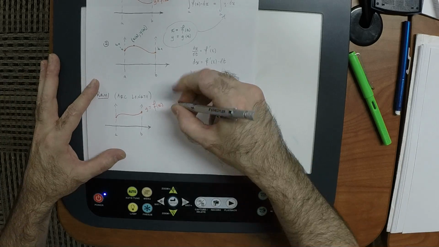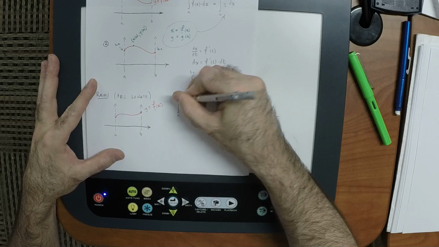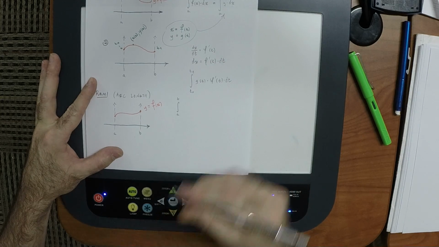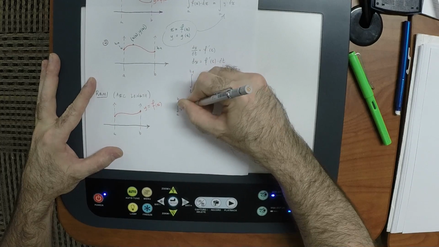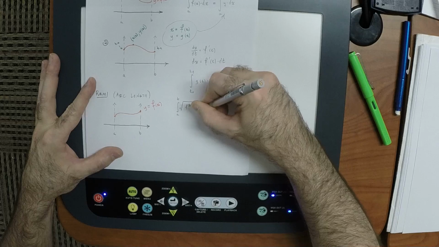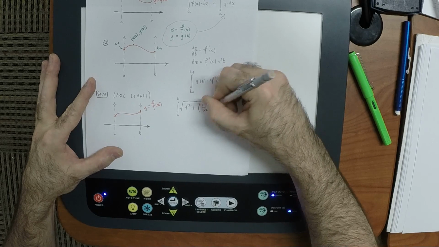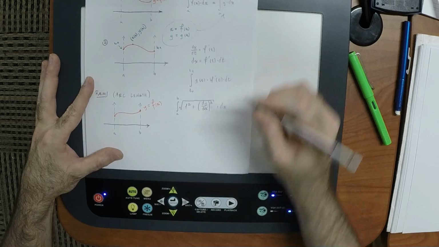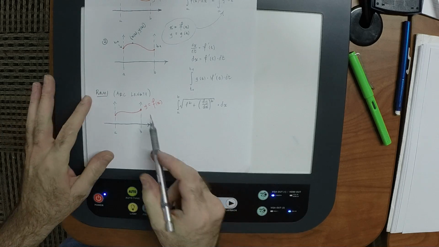So the arc length would be the integral from a to b, and can anyone remember it? 1 squared plus, of course 1 squared is 1, but I'll write it like that, and then what goes here? Yeah, dx, right?